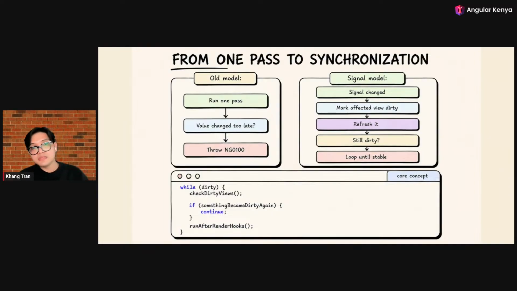This is the shift from one pass that expects stability to a synchronization process that works until the affected views are stable. Now that explains everything, and also every question that we set up from the beginning of this talk.